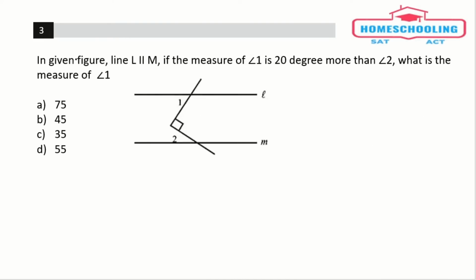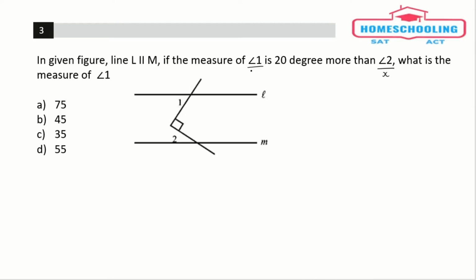And in this question it is given that in the given figure line L is parallel to M, so these two lines are parallel. If the measure of angle 1 is 20 degree more than angle 2, let's take angle 2 as x.